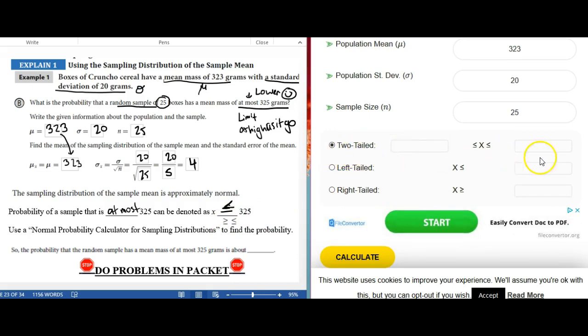Do we want it two-tailed, like a range? Do we want it left-tailed, where it's only less than? Or right-tailed, where it's greater than? Since I got a less than symbol, I'm going to click on left-tailed. I'm going to type in 325, because it's all the values that are less than or equal to 325. And I'm going to press calculate.